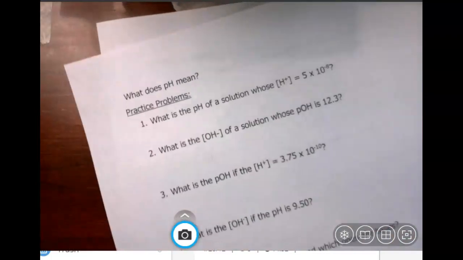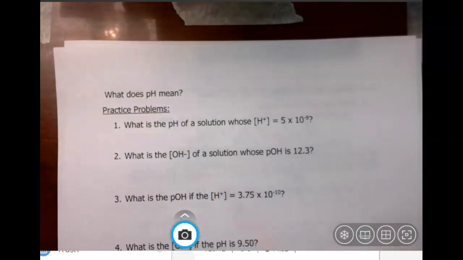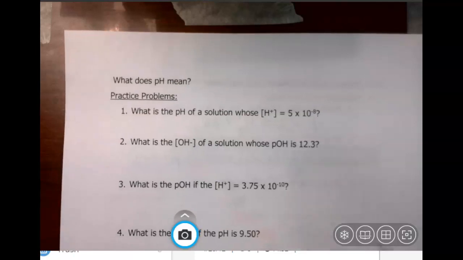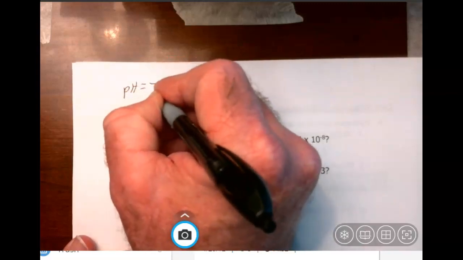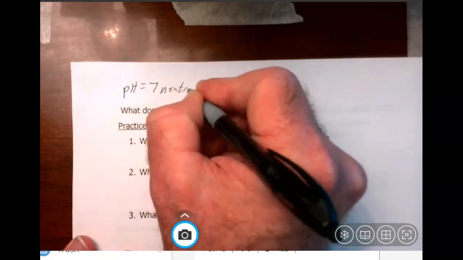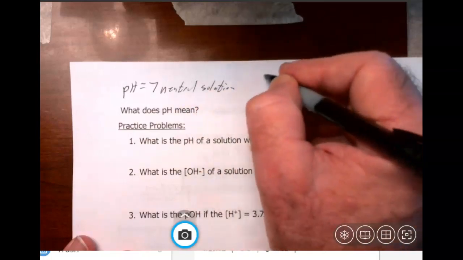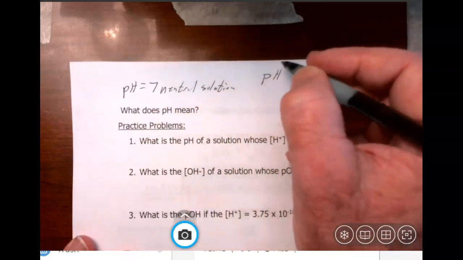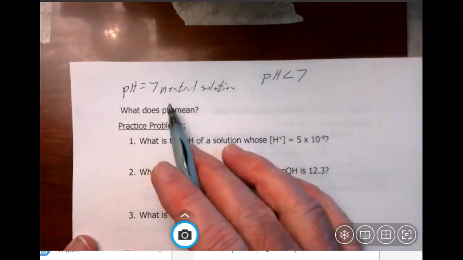Okay, now let's flip over the page. We've learned that pH is equal to minus the log of the hydrogen ion concentration, but what does it mean? Well, if you have a pH that's exactly equal to 7, you have a neutral solution. It needs to be exactly 7.